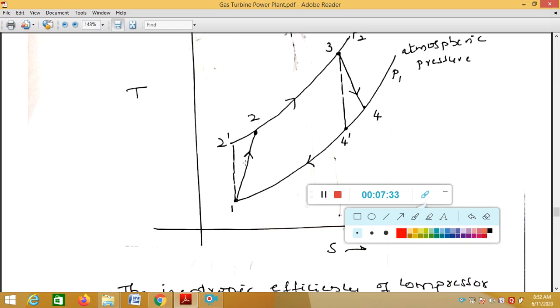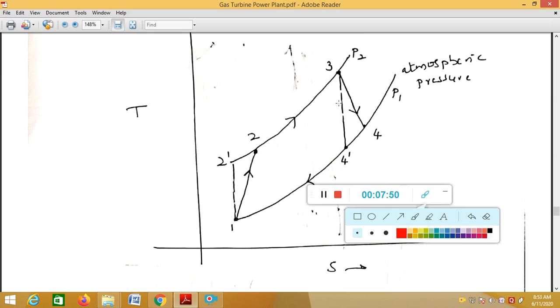So here 1-2 dash indicates the reversible adiabatic compression, and 1-2 indicates the actual compression process in the compressor. Also in the expansion, 3-4 dash indicates the isentropic expansion in the turbine, and 3-4 is the actual expansion in the turbine.